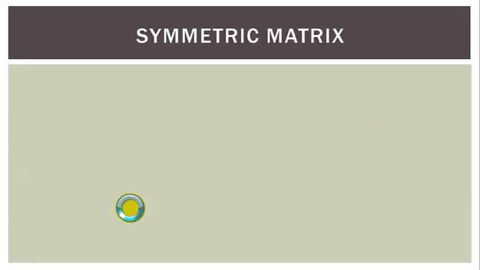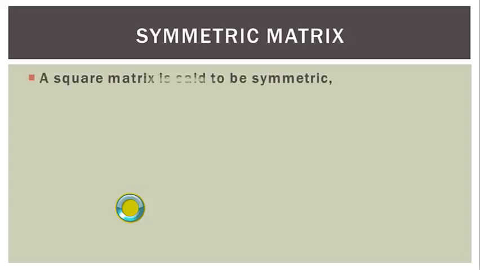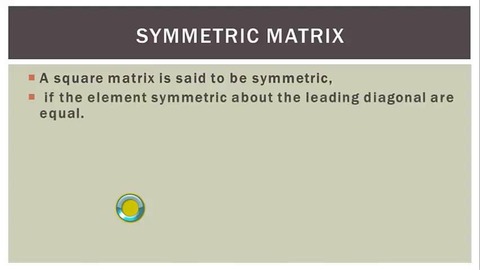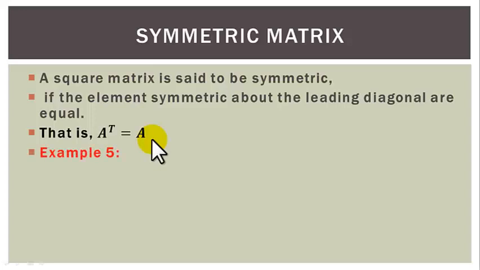Symmetric matrix. A square matrix is said to be symmetric if the elements symmetric about the leading diagonal are equal. That is, if A transpose is equal to A, then the matrix A is said to be symmetric. Example 5.